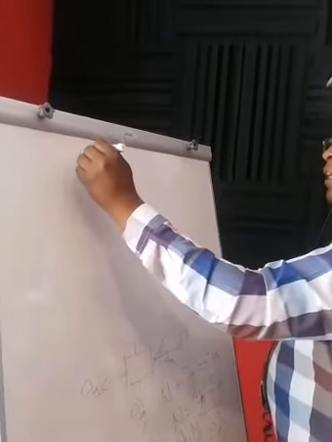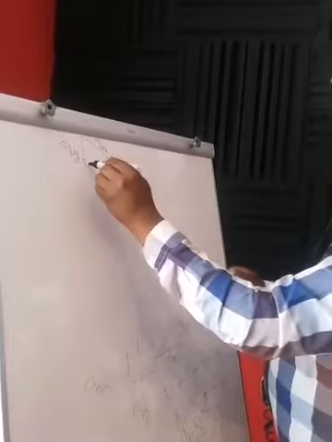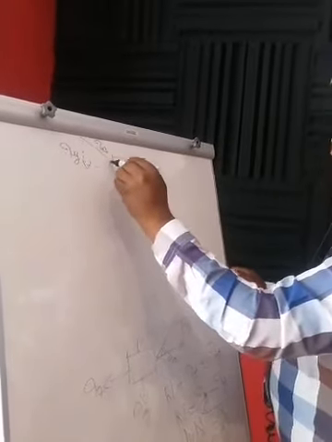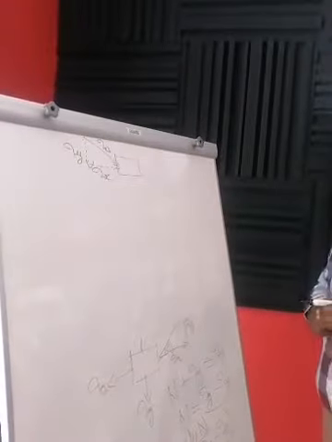The vertical component will be going downwards, and the horizontal component, which is our Fx, will be going in the direction of the motion.